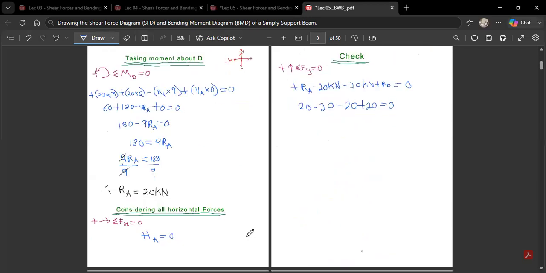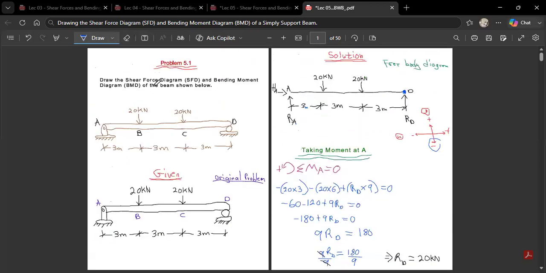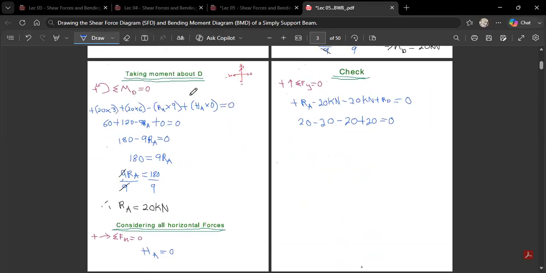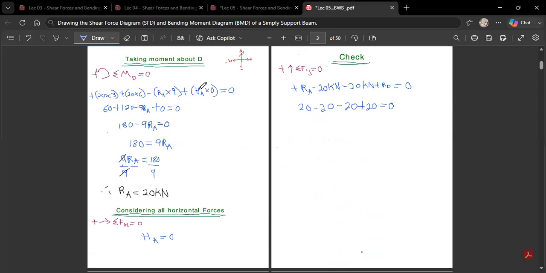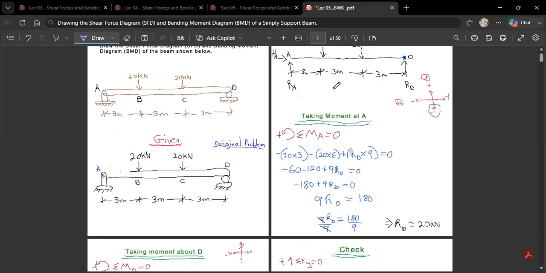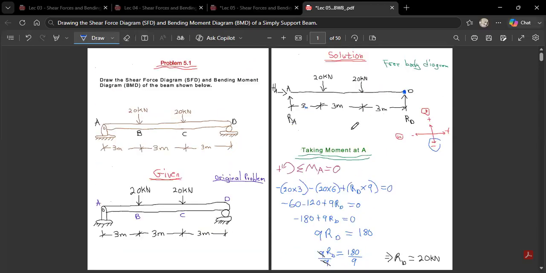Very good. So since this is not our main focus, the question said that what? You should draw the shear force and bending moment diagram. It's the diagram that we are supposed to draw. So we are now coming to redraw the free body diagram again and indicate the reactions. Just as I told you, this free body diagram, I'll come and draw it again. Then now, in place of RA and RD, I'll put the reactions over there.